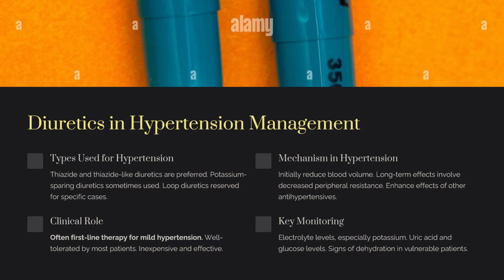Again, those thiazides are usually what we give first. The potassium sparing diuretics are used sometimes, and then loop diuretics are used when necessary. And mainly, the reason for that is because hypokalemia is a huge risk with loop diuretics.